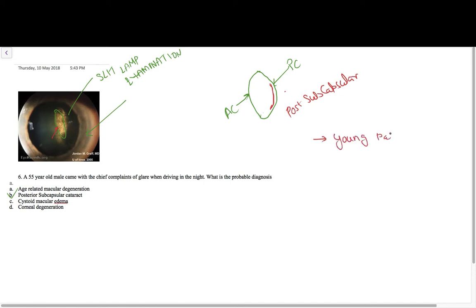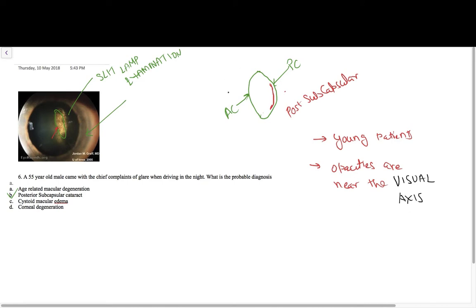Okay. Also, it is very important to note that in these type of patients, the opacities are near the visual axis. Okay.